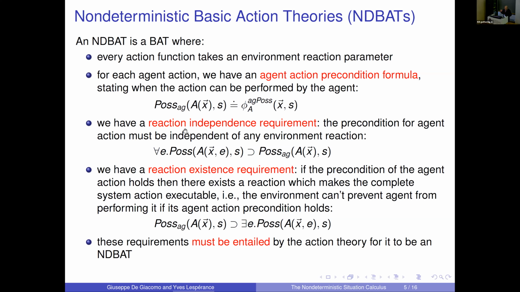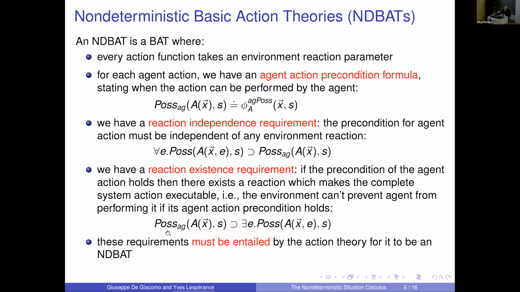And then there are two requirements for how the reaction connects to the agent action. Whatever the environment reaction is, if the system action was possible, then the agent action must have been possible. So if the agent can do it, the environment cannot prevent him from doing it.